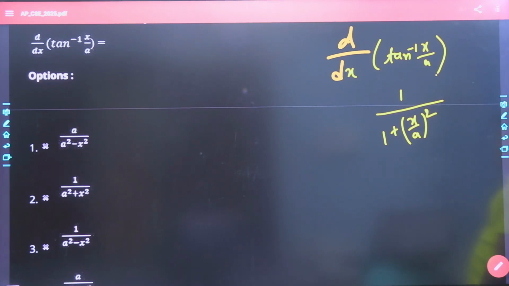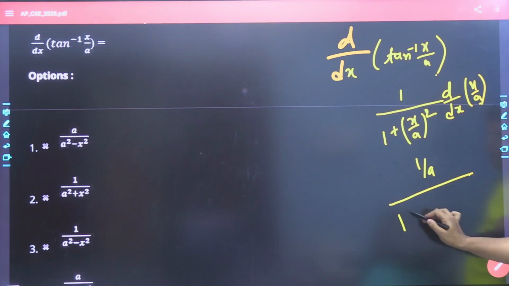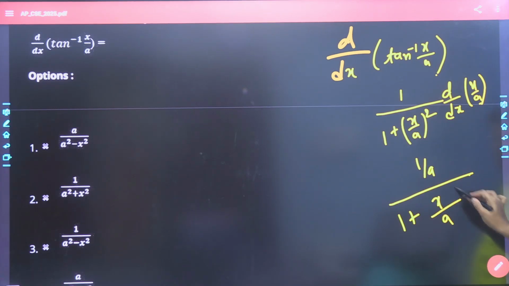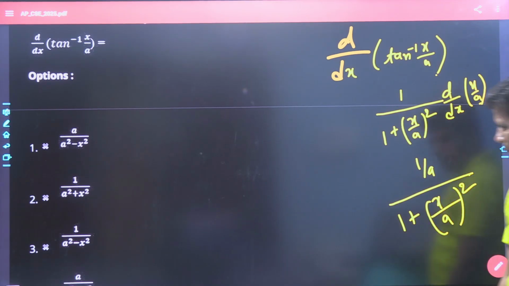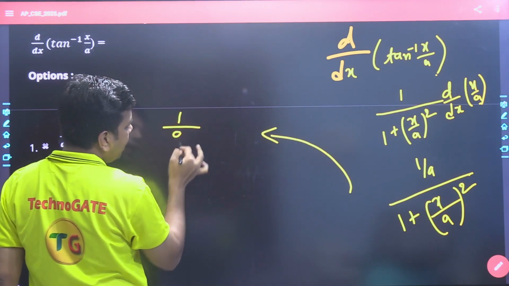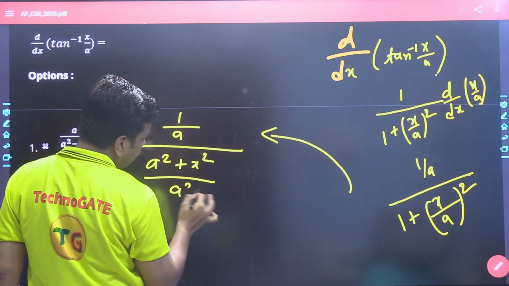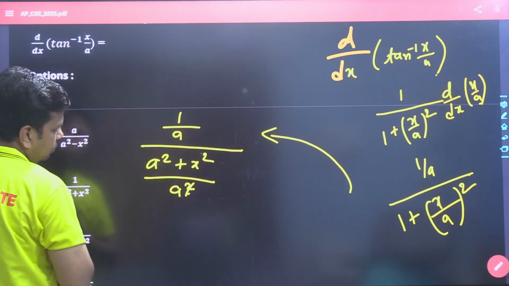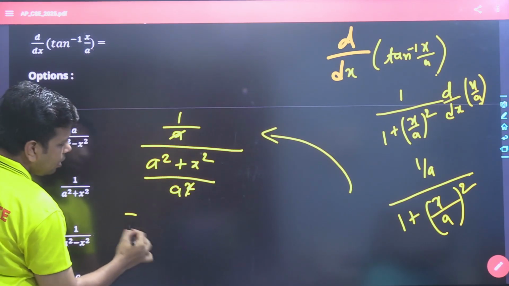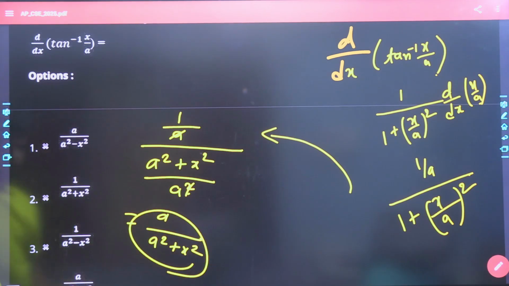And you need to take the differentiation of x by a also. The differentiation of x by a is 1 by a. So 1 by a divided by (a square plus x square) divided by a square. You can cancel this out. So a upon (a square plus x square). That would be your answer.